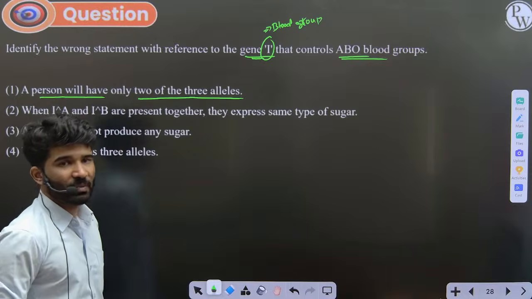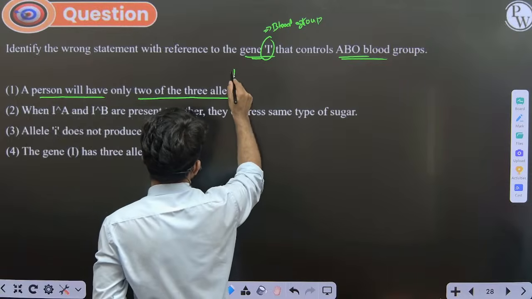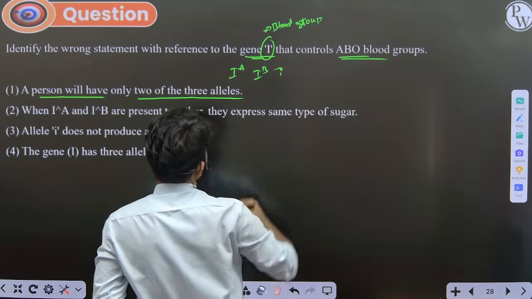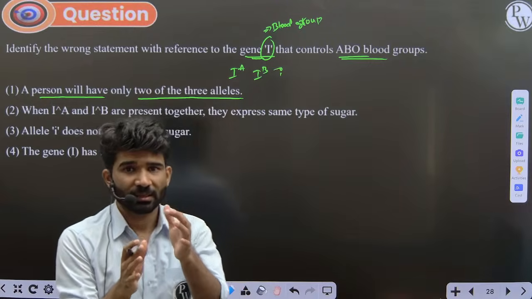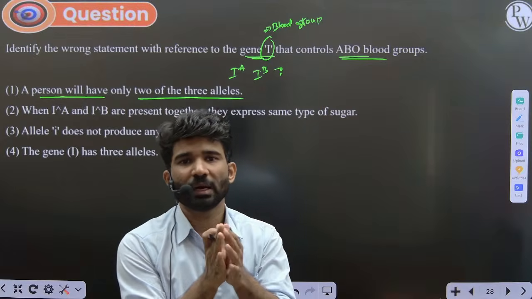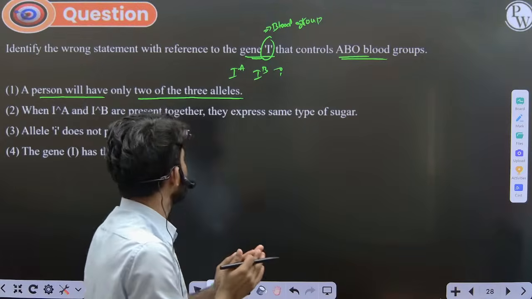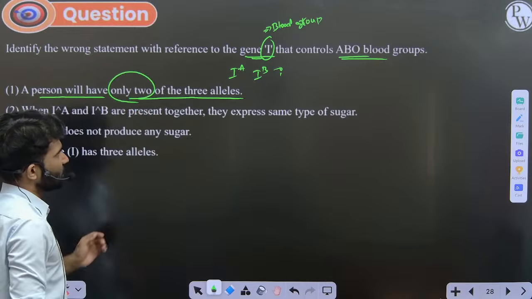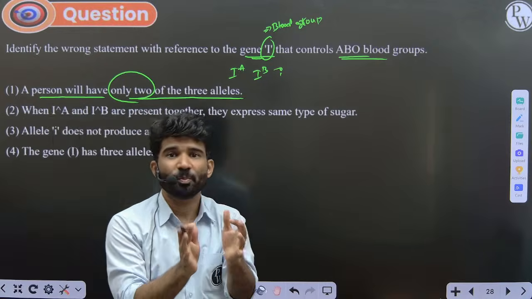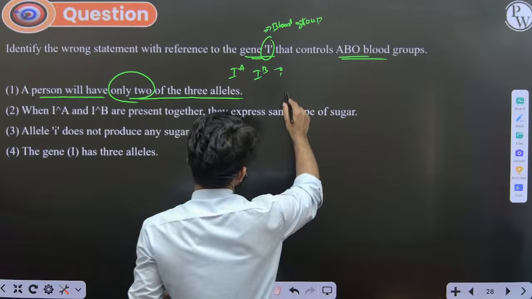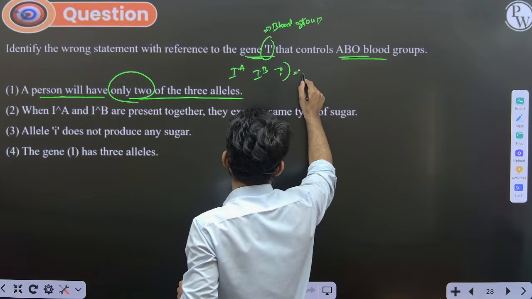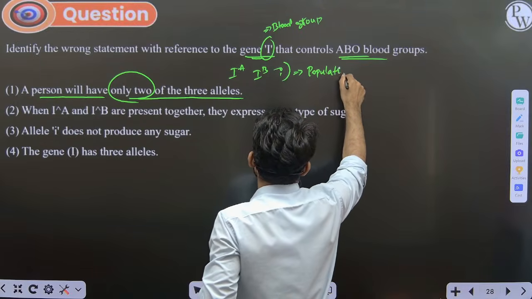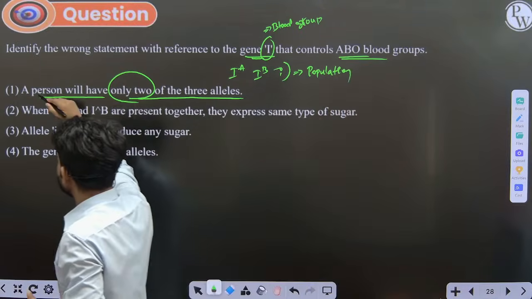Right or wrong? Yes, there are different alleles, IA, IB as well as i. But a person can only have 2 alleles, not all 3, so the statement is right. Only 2 of the 3 alleles are present in a person, but at the population level, all 3 are present. So the first statement is right.